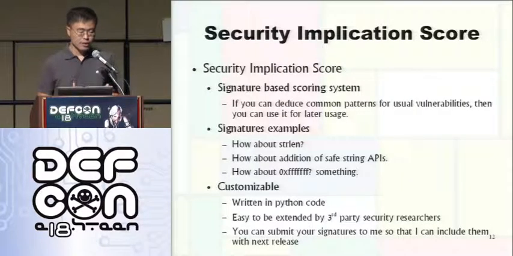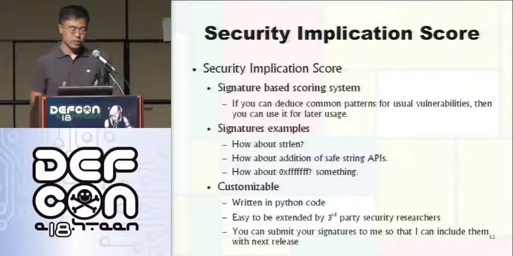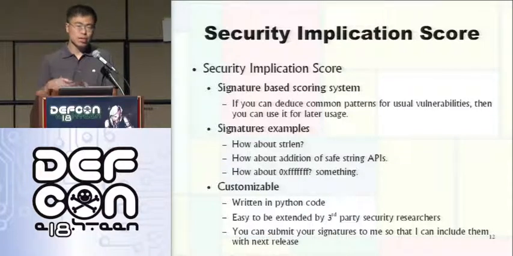As I said, the security implication score is a signature-based scoring system. For example, you can use string length functions to patch some kind of stack overflow, so it should appear in the patched part. How about the safe string API?